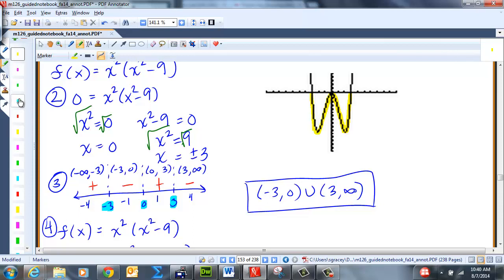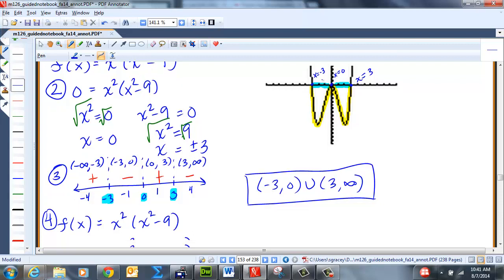So our x values that are negative are going to go from here to here and here to here. And then our zeros that we were using, this one was x equals 3, this was x equals 0, and this guy was x equals negative 3. Okay?